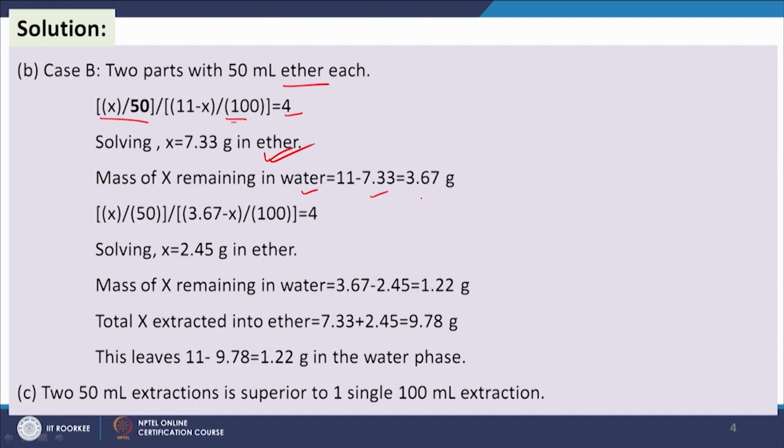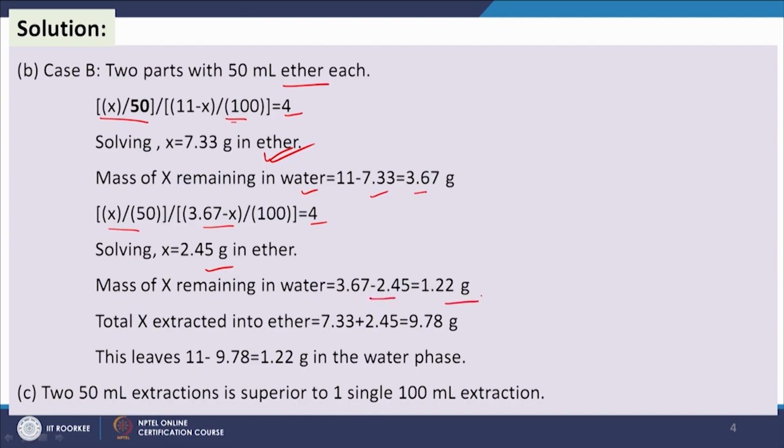So, x by 50 divided by (3.67 minus x) by 100 equals 4. We may call these x1 and x2. Solving, x equals 2.45 gram in ether. So, the mass of x remaining in water is 3.67 minus 2.45, that is 1.22 gram.